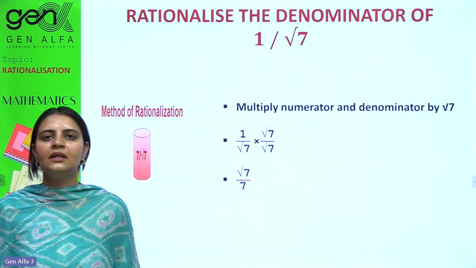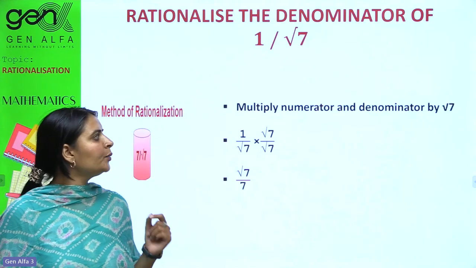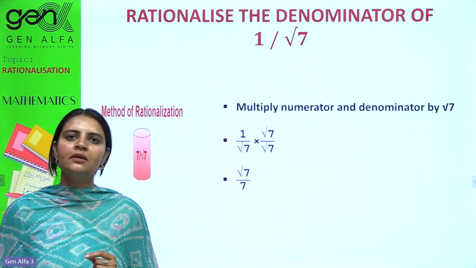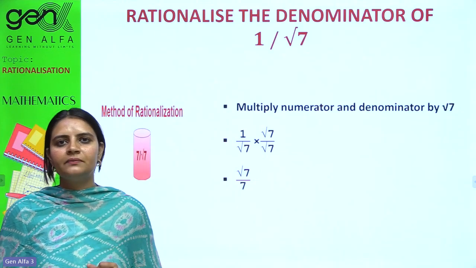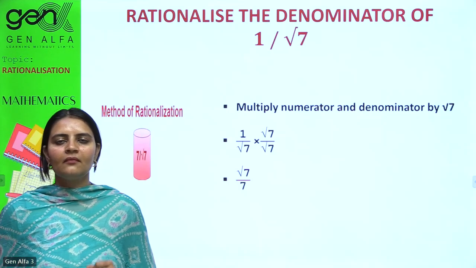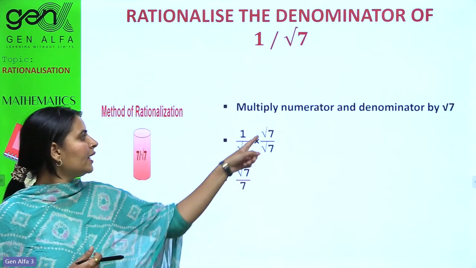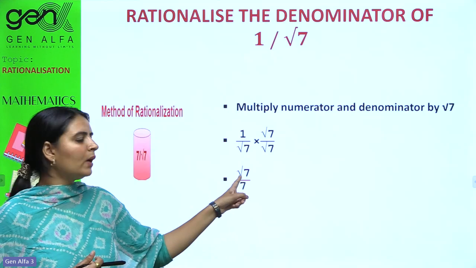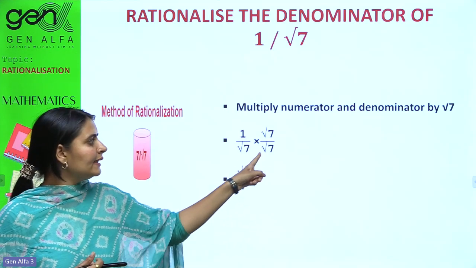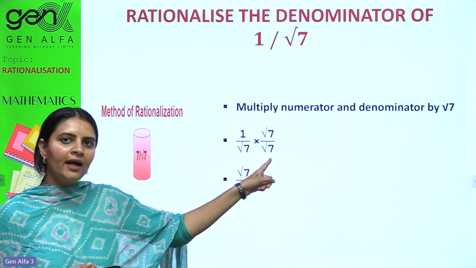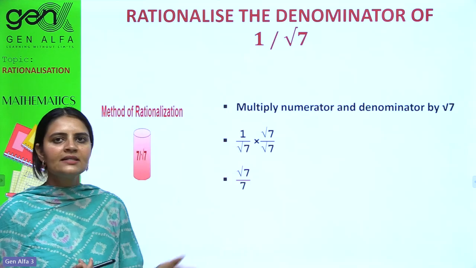Just note it down. That was this step: multiply numerator and denominator by the same term, that was under root 7. And you know that under root 7 multiplied by under root 7 gives you under root 49, and under root 49 is 7.